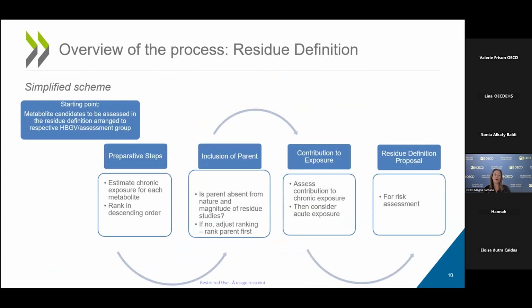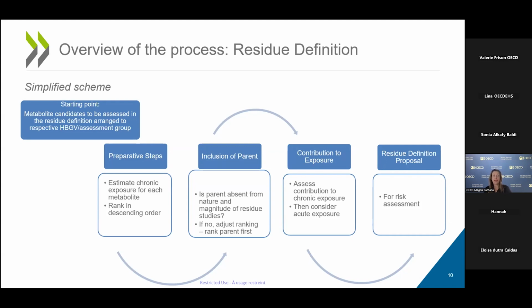Maybe very quickly, let's go to this more simplified scheme, which starts from establishing the candidate metabolites to be assessed in the residue definition, which are arranged to the respective health-based guidance value per assessment group. After we do that, we need to estimate chronic exposure for each metabolite and rank them in descending order, so that the exposure decreases.